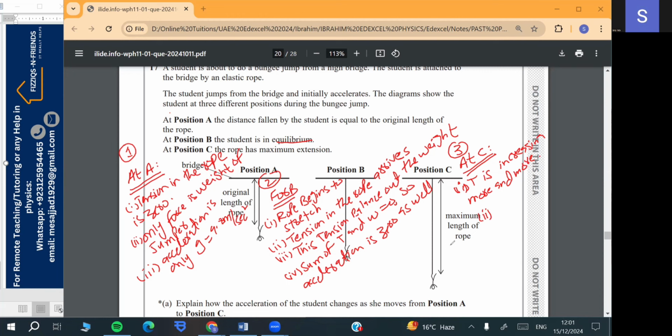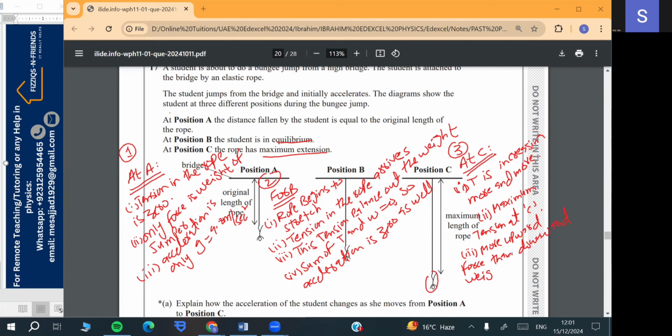So when it reaches this point, it has a maximum extension. Maximum tension at C. Therefore, more upward force than downward weight.